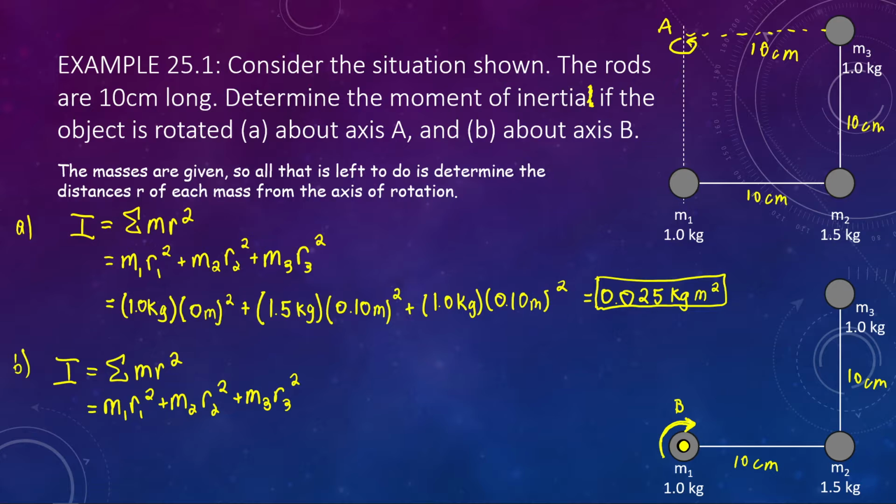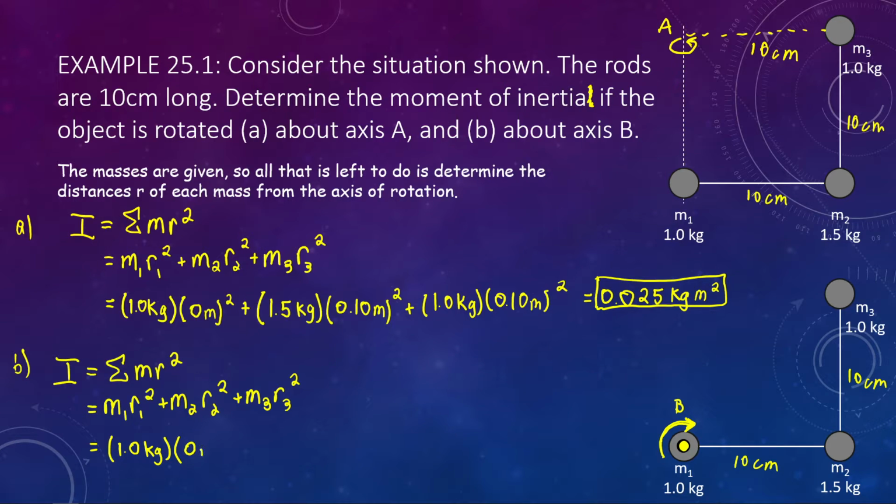So, same exact process. We're given all the masses already. We just need to figure out how far away each one of these three masses is from that axis of rotation. So these equations set up in a very similar manner. Our mass 1 is still 1 kilogram. Now the distance r1, well, mass 1 here is again right on the axis of rotation.